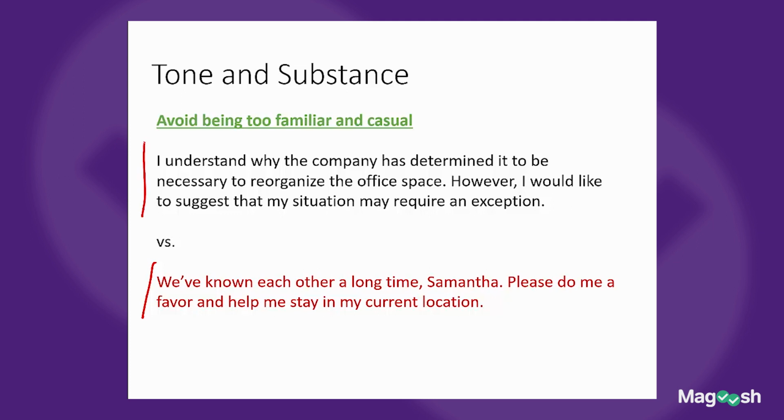Contrast that with this formal response. I understand why the company has determined it to be necessary to reorganize the office space. Okay, I would like to suggest, if you're writing to someone who's your manager or who is higher up in your company even, you would be very careful not to make a really strong request like, do me a favor, right?